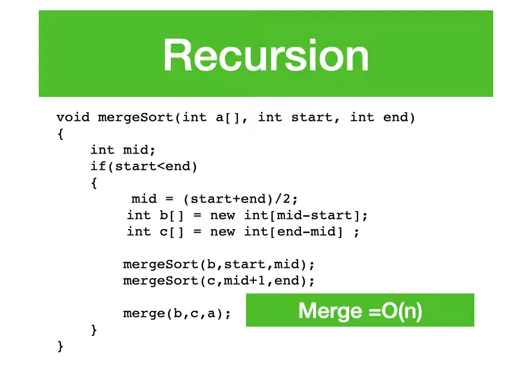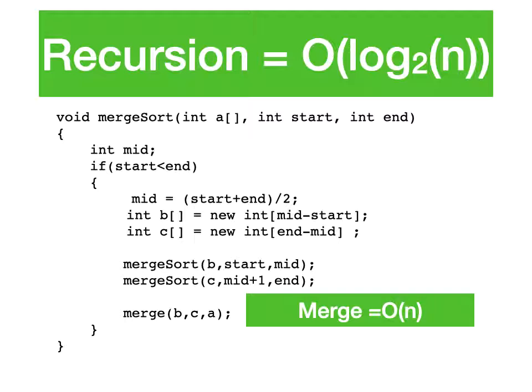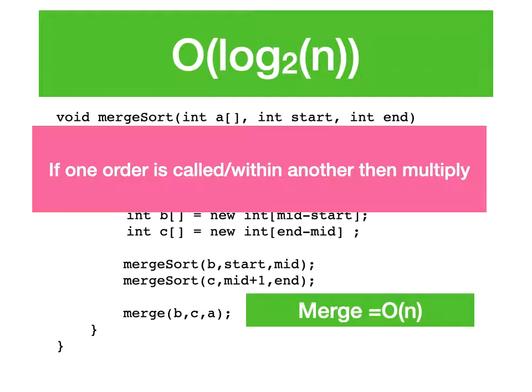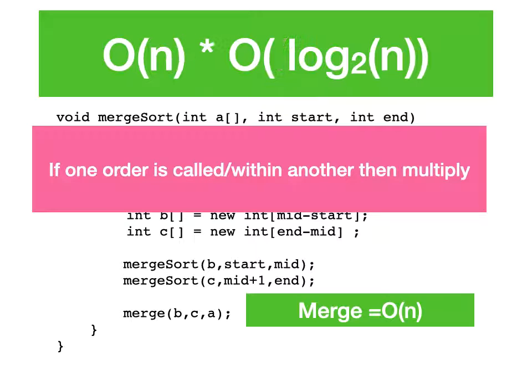So because of the recursion, we're getting O of log of n, and inside that we've got a merge of O of n. So if one order is called within another, so if it's inside the loop or it's called by another function, we then multiply them together. So we end up with O of n times O of log n, okay?